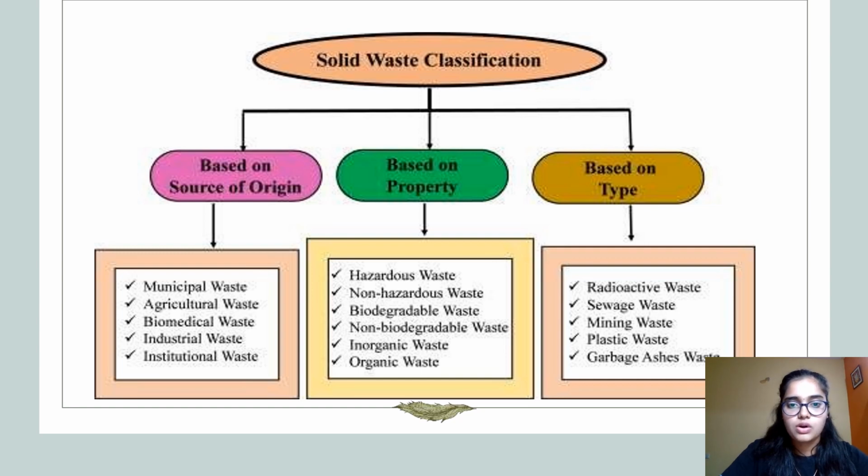Then, based on property, they are categorized as hazardous waste, non-hazardous waste, biodegradable waste, non-biodegradable waste, inorganic waste, and organic waste. Further, based on type, which includes radioactive waste, sewage waste, mining waste, plastic waste, garbage, and ashes waste.